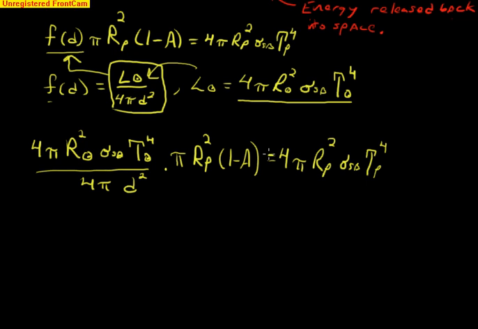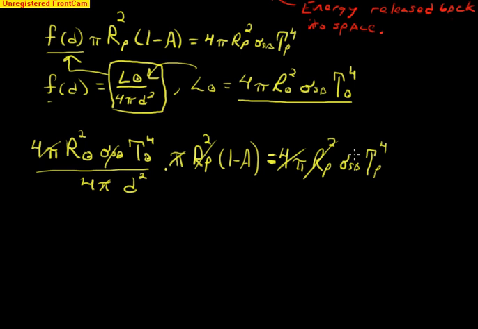Now we can start canceling out stuff. Let's get rid of our 4 pi. We have the radius squared of the planet. Don't need that to figure out temperature. We have pi we can get rid of. What else do we have here?